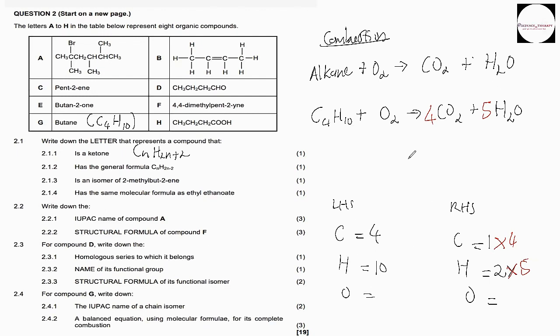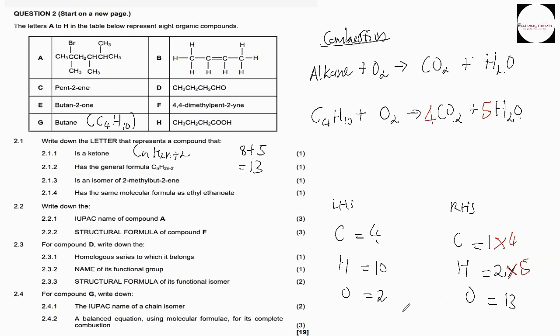Now, how many oxygens on the left-hand side? As we can see, there are 2. But how many on the right-hand side? 4 times 2, that's 8, but then 5 times 1, that's 5. So 8 plus 5 will give us 13. So I'm supposed to say 13 here.